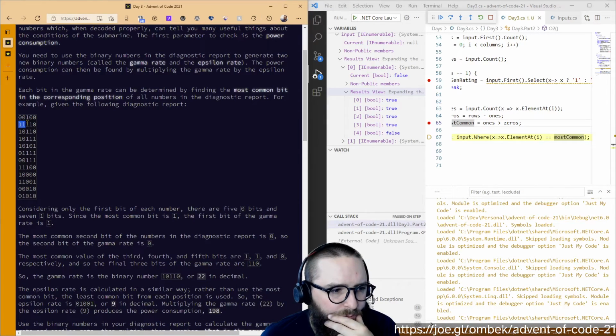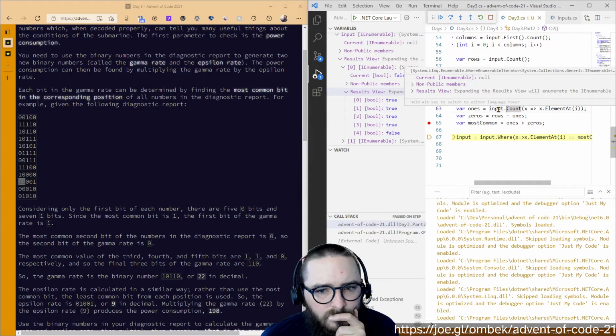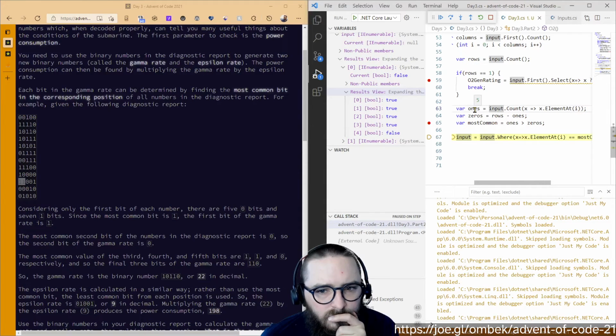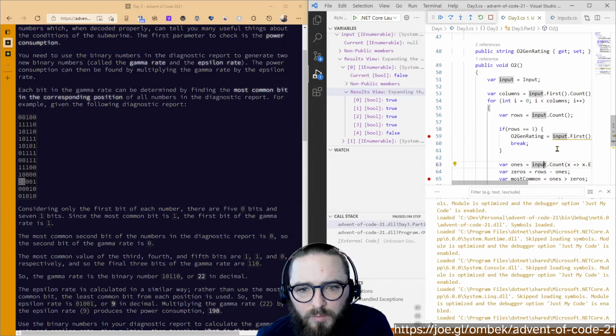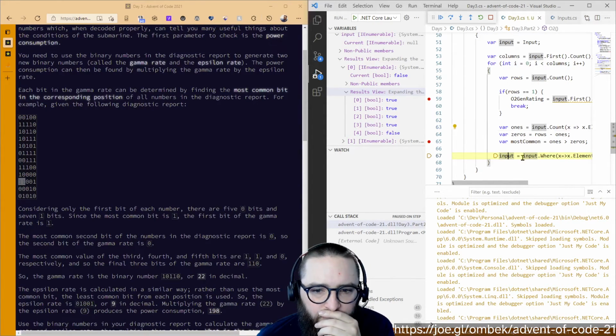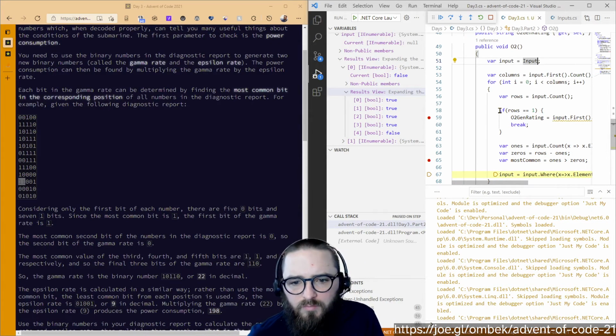Because we're looking at sort of 1, 1, 1, 2, 3. Ah! Why is input not? This is still looking at input with a capital I.